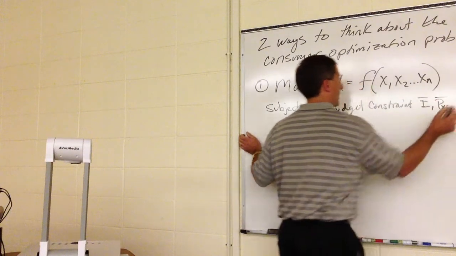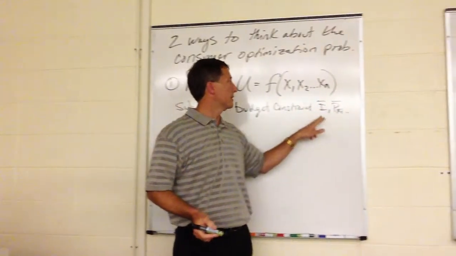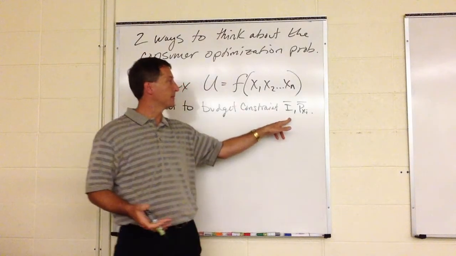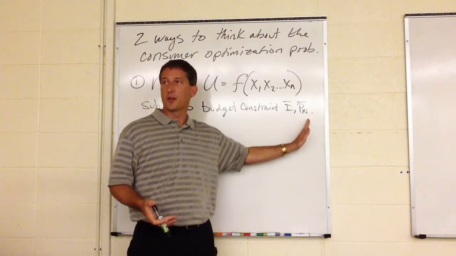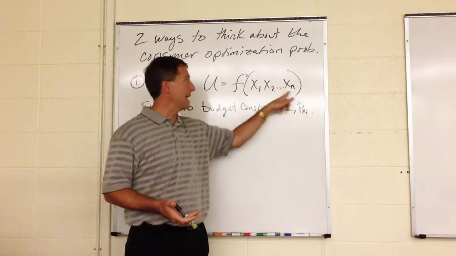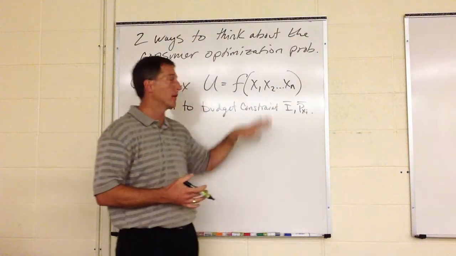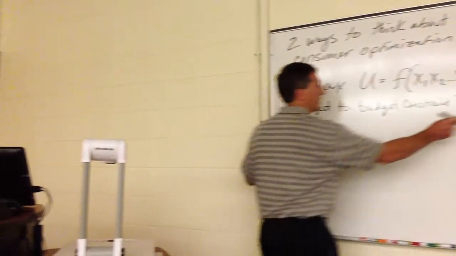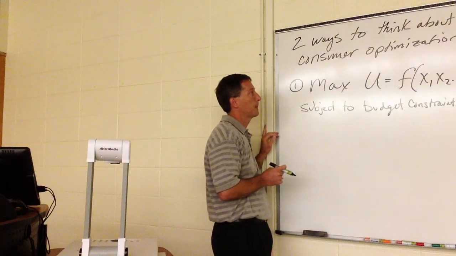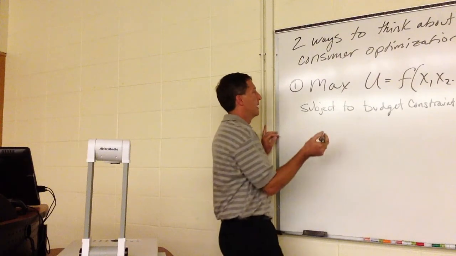Let's just call it I and P. I put the little bar over there to signify that they're given to you, they're fixed until they change in the problem. So these are the exogenous variables, the outside variables that then we determine the endogenous variables. So when we crank through a solution, we're trying to solve for the optimal quantities given the prices of goods and our income. All right, so that's the process we went through before.